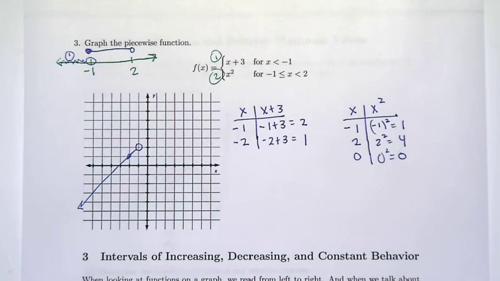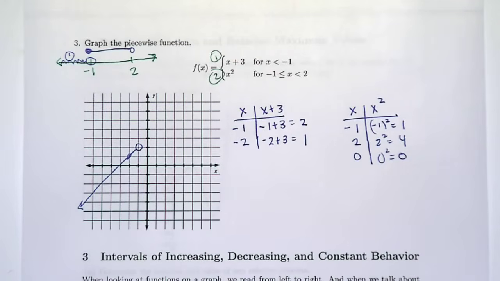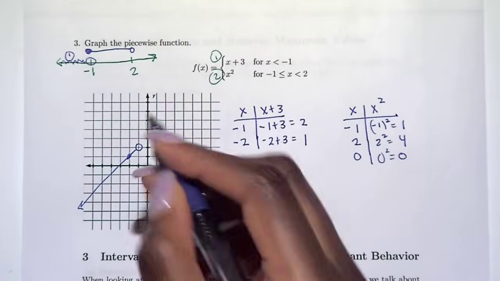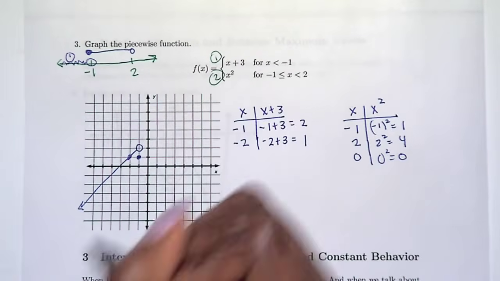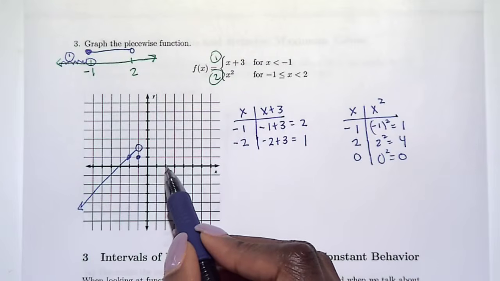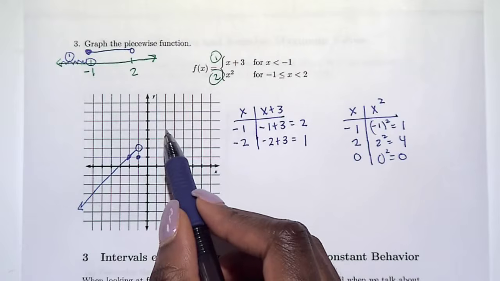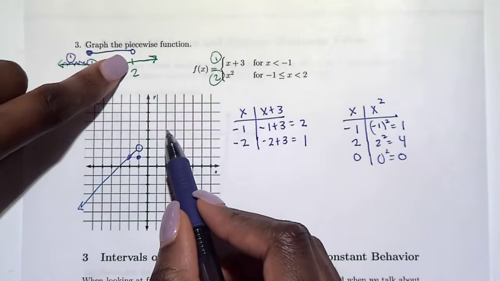All right, so now let's graph the second part of our function. Okay, so -1, it's okay to include -1, so we're going to fill in that circle. So -1 goes with 1, so I'm going to put a closed dot right here. 2 goes with 4. Open or closed dot? Well, up here, we need an open dot.